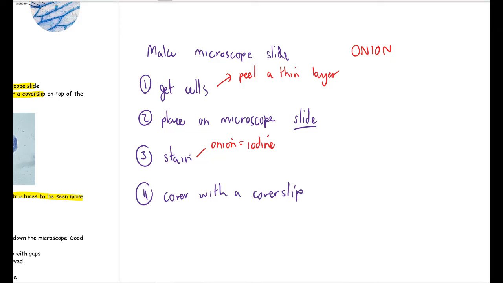If you were using cheek cells, you swab your cheek, place on a microscope slide, and then for cheek cells, it is methylene blue, and you cover with a cover slip. So red writing is to do with onions, green writing is to do with cheeks.